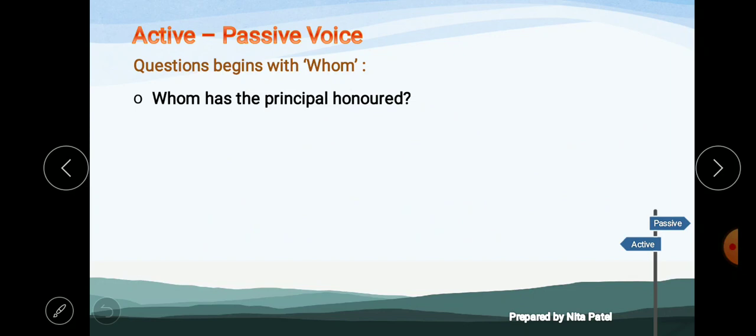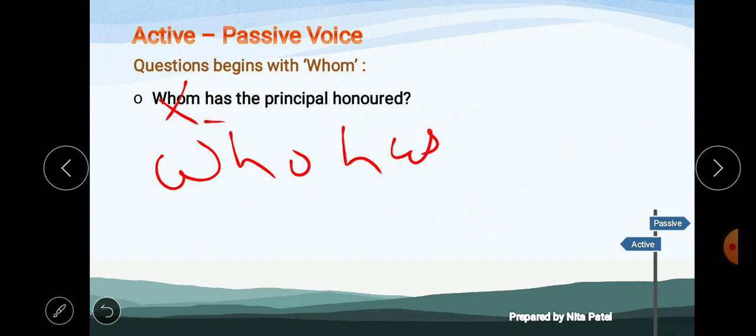Let's see. Whom has the principal honored? In place of whom what will we write? Who. Now the auxiliary is given: who has. Now we are asking about the object. So the object is missing here, right? So who has, we don't have to write the object, it is not here.